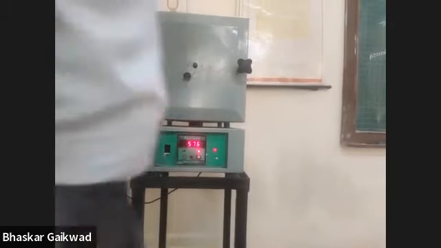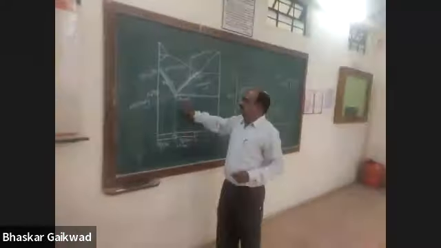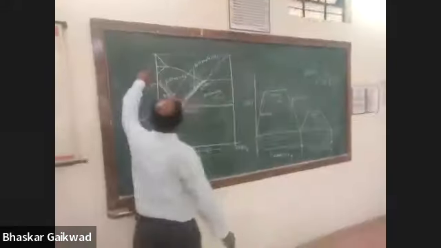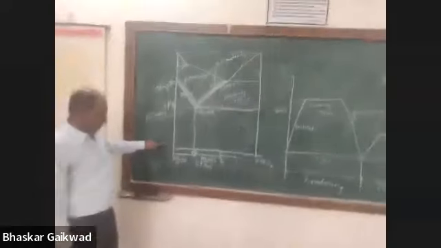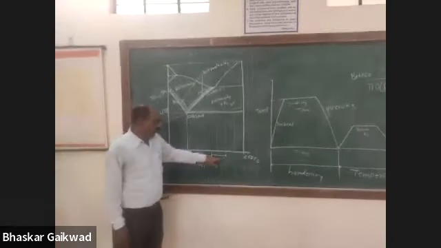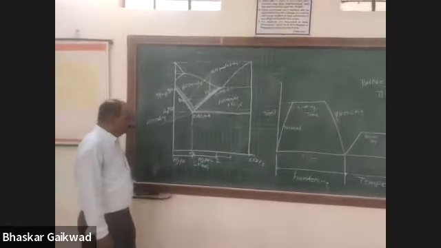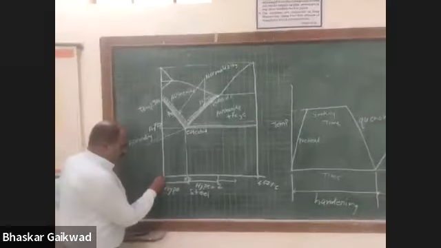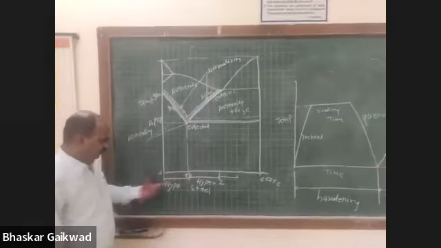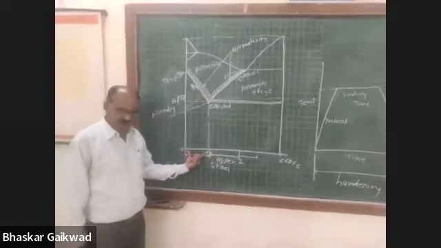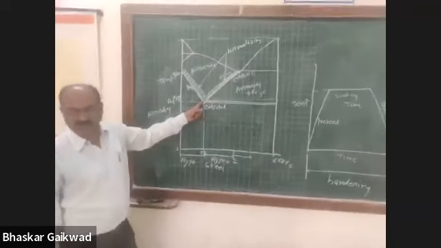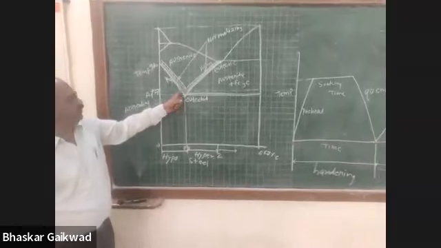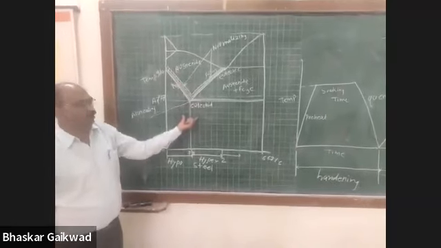Okay, now let us come to this side. So this is the iron carbon diagram. These are the temperature lines and this is the percentage of carbon. So from 0 to 0.8, this is hypoeutectoid steel. The eutectoid point is here. Eutectoid means one solid converts into two solids.